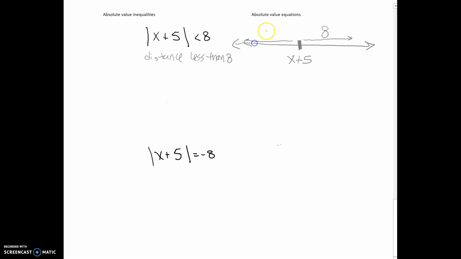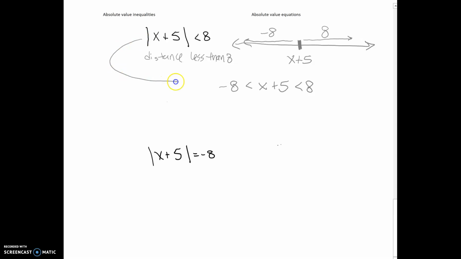And then we can go to the left, but we can only go as far as 8 that way, which would be negative 8. So x plus 5, if we think about over here on the left, what does that look like? That says that negative 8 is less than x plus 5. Looking at it towards the right, we have to think about x plus 5 being less than 8.